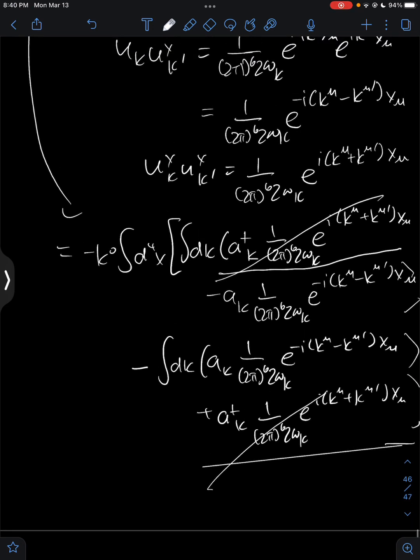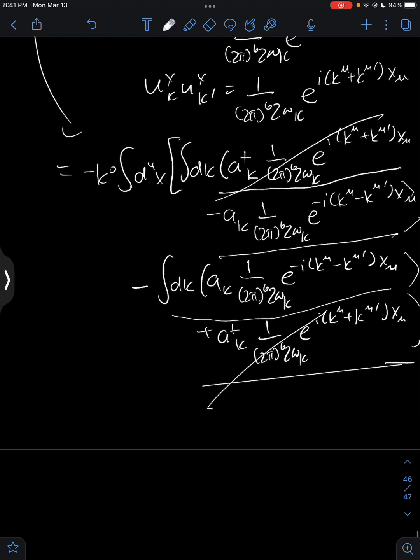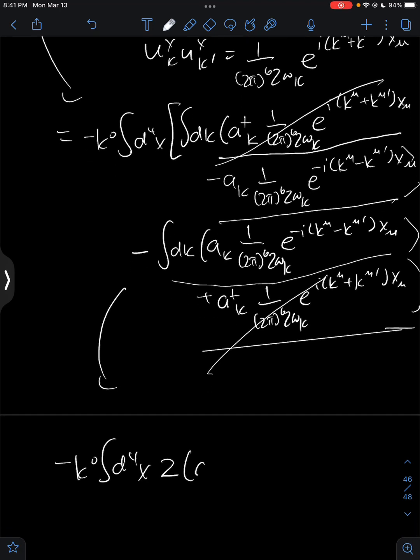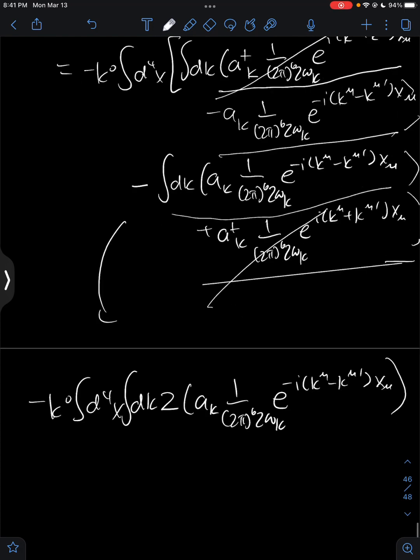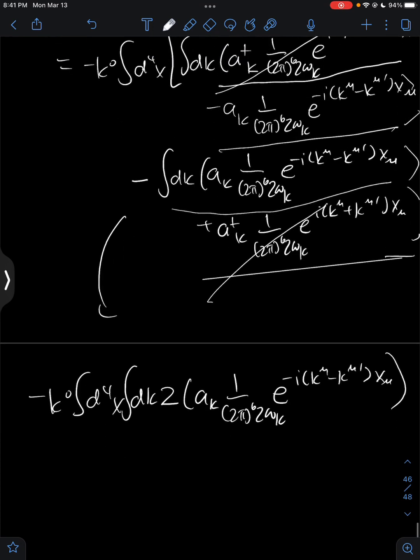And since we have this negative term here, subtracted with the exact same term here, we end up having a minus k^0 this, and then 2 times a_k, 1 over (2π)^6 2ω_k, e^(-i (k_μ minus k'_μ) x^μ). So that's our answer for now. Of course, you have to integrate that over k. What we can do here is, that should be a negative 2 actually, and that will cancel out with this negative, giving us a positive.